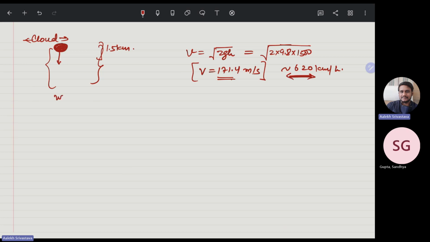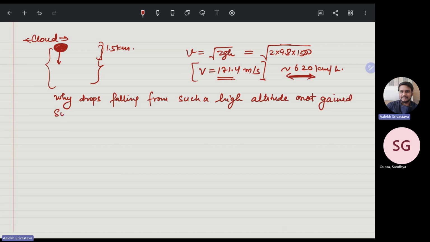Why is that happening? Why do drops falling from such a high altitude not gain such velocities?